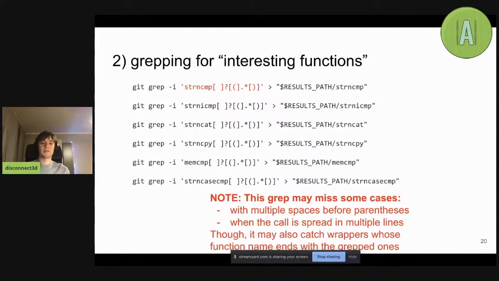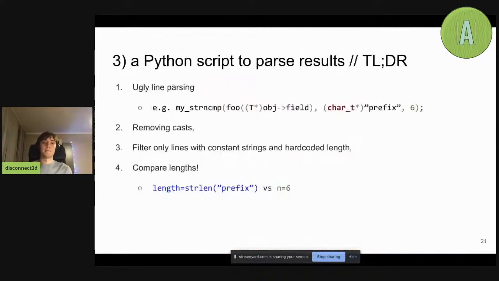And one good thing about this regular expression is that it might also catch cases where the project itself wrapped one of those functions and called it very similarly. Like, for example, I believe PostgreSQL project had this PG underscore prefix for functions like strncmp. So yeah, this should detect those cases.